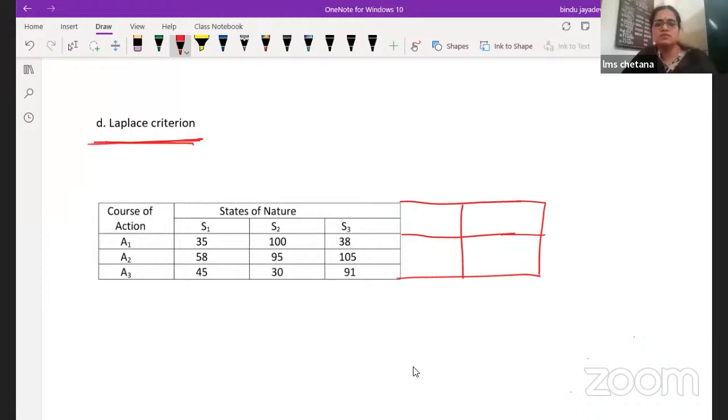My experts are there. What are the last 2 columns for Laplace? Yes, correct, right? उसका पहले क्या है? और एक column मैंने बताया. You will write the last columns as total and then average.